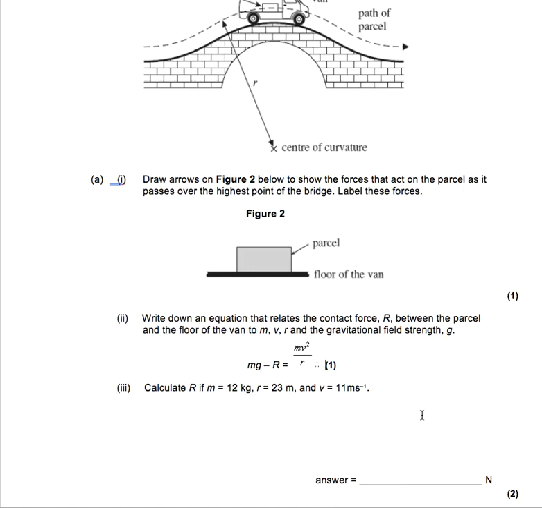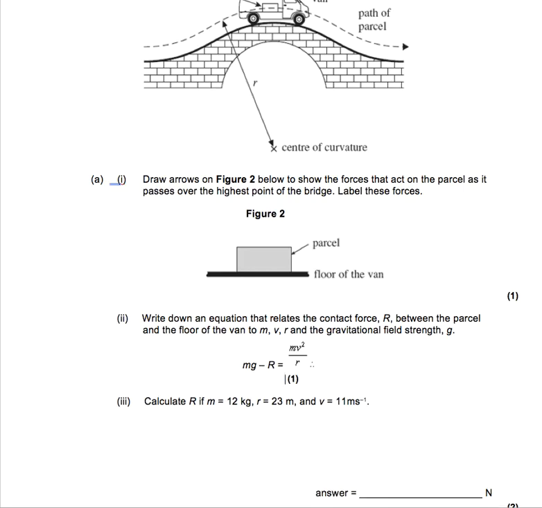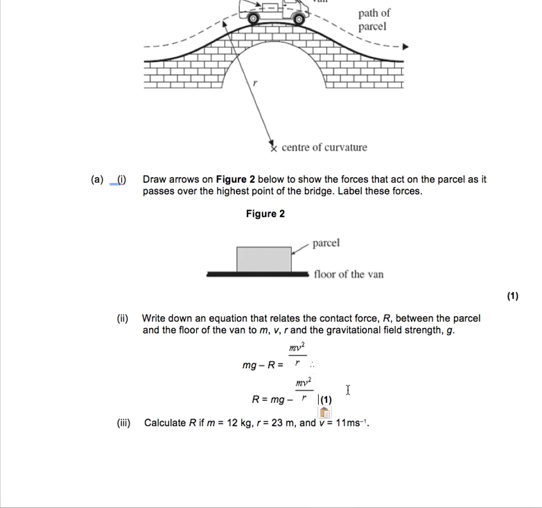Now we want to make R the subject here. So we need to rearrange the equation. And we end up with R equals mg minus mv squared over r.